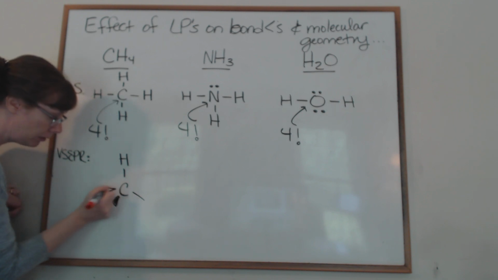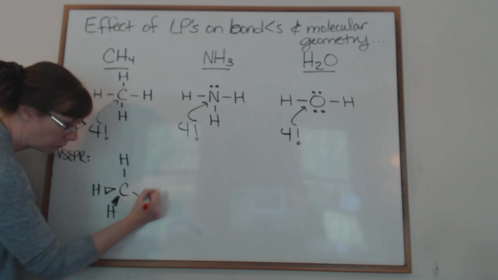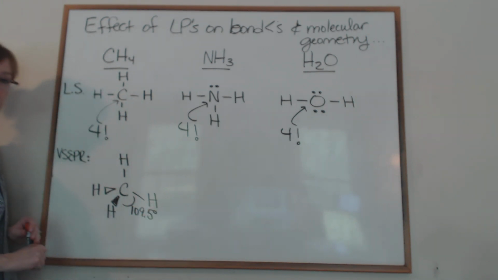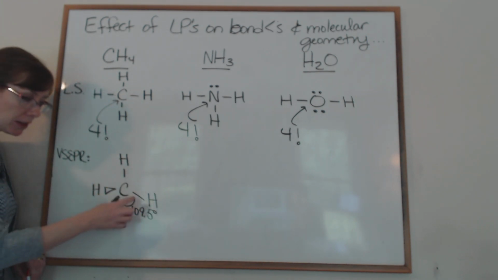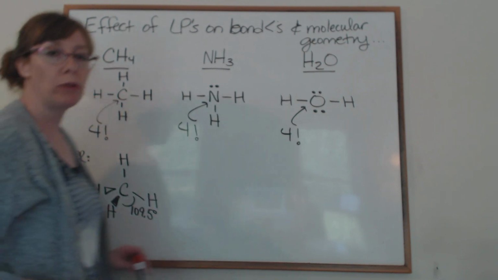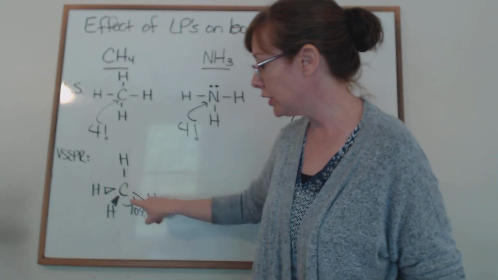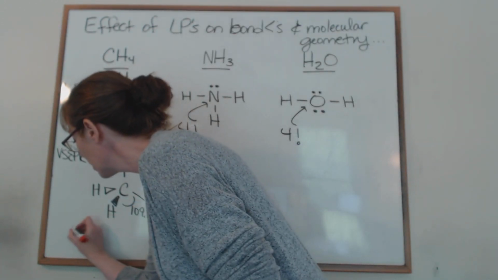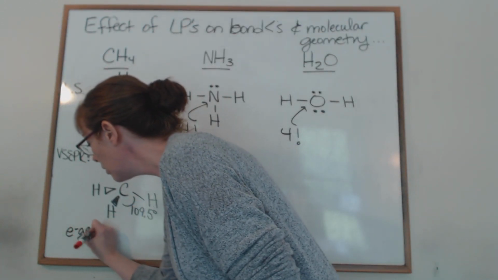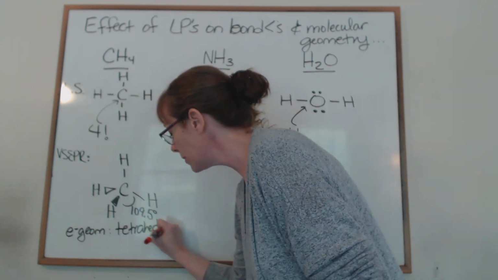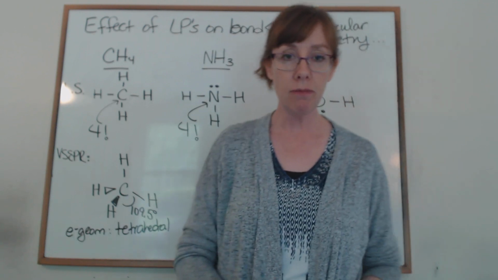That was my example. And the bond angle is 109.5. You remember the bond angles are all equivalent. They're all 109.5 for methane. And you would call this electron geometry. By name, you would say it has a tetrahedral electron geometry.